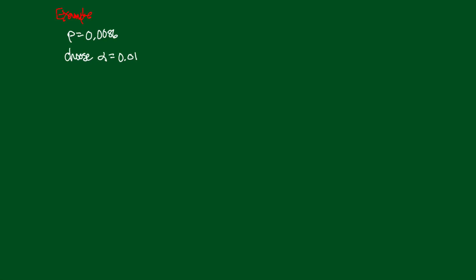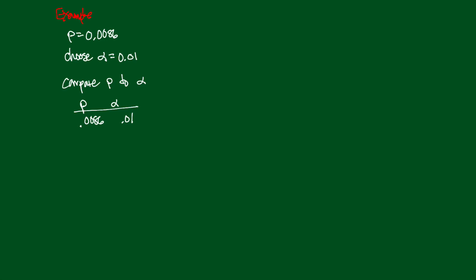Here's another quick example. Suppose that you compute the p-value, which we'll do soon, to be 0.0086, and you choose alpha to be 0.01. Now, you're going to compare p to alpha. All right, here's my little table, p and alpha. Now, the p is 0.0086, alpha is 0.01.